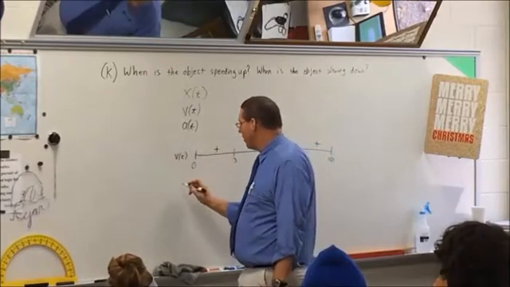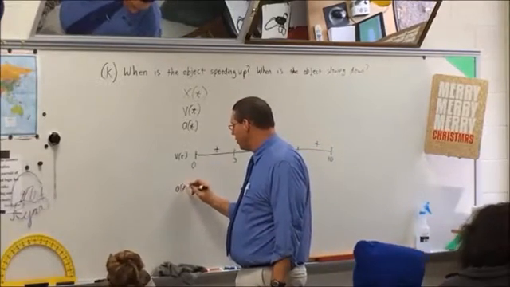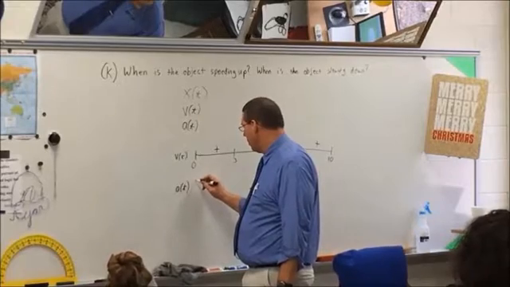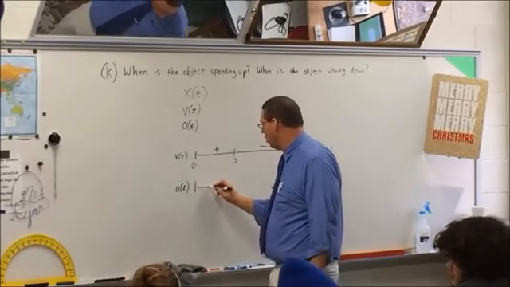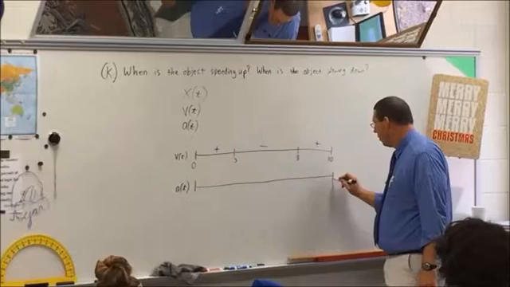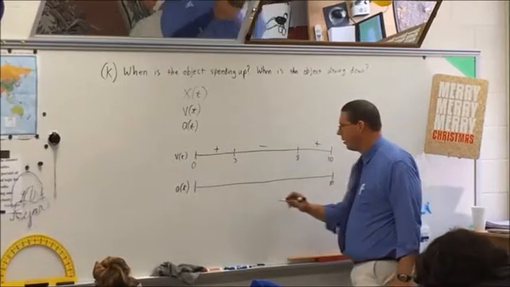And then let's say I identify the zeros of acceleration. I'm now going to make a sign chart for acceleration on the same interval, from 0 to 10.